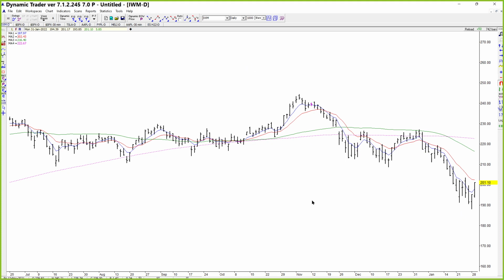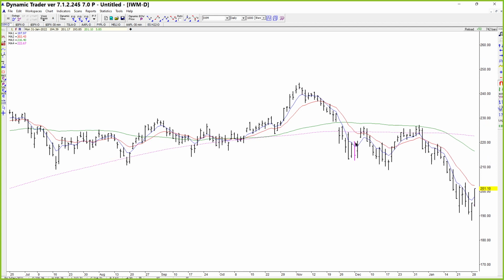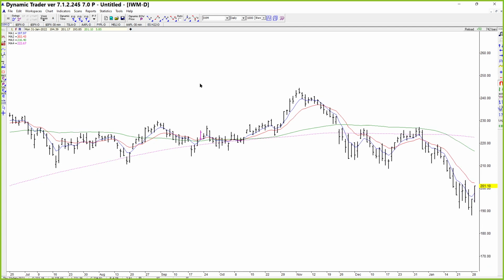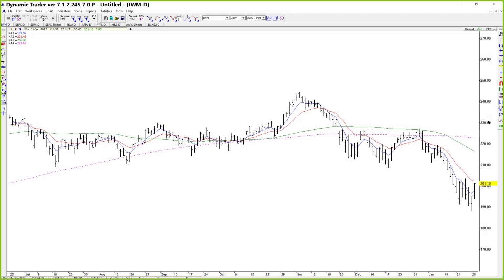Which side of the market do you think is better to trade on? All of the moving averages are on the side of the bears. So typically, and it's not going to be 100% of the time, but more often than not, when you have all of the moving averages on one side, that's the better side to trade on.